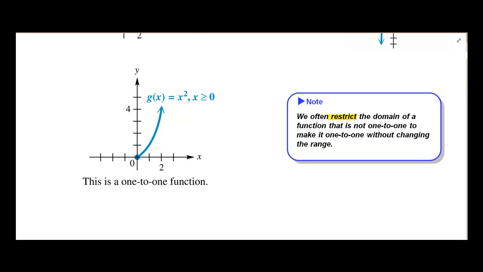And by restricting this to where I am only looking at half of the graph in this particular case, I can use the horizontal line test to show that it is also a one-to-one function. So by only looking at a particular portion of this quadratic function, I have created a one-to-one function, and therefore it would have an inverse.